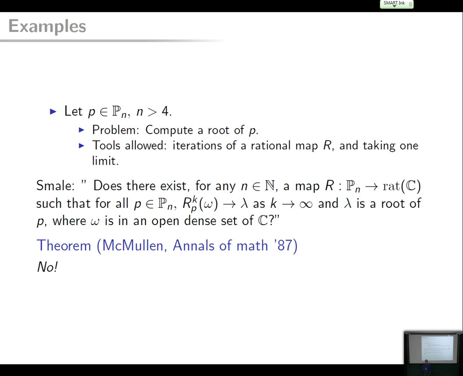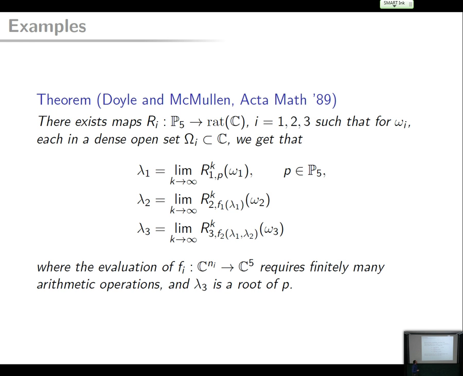No. I must admit the paper is actually more sophisticated. And in '89, he published a paper with Peter Doyle.